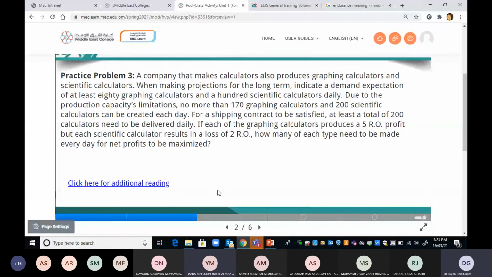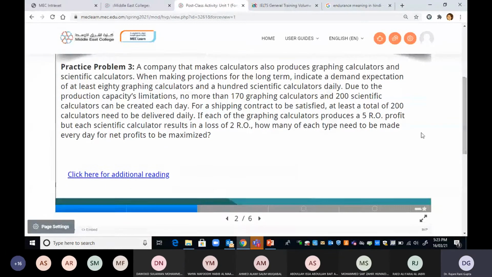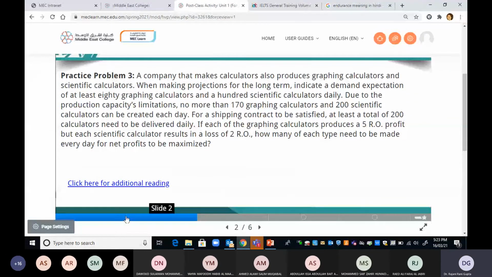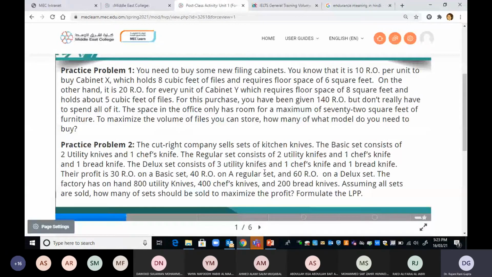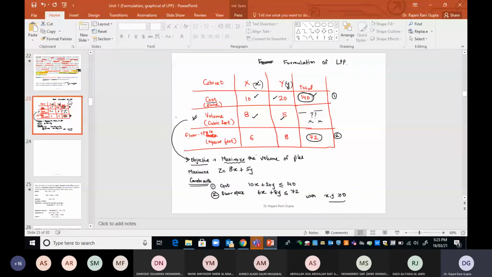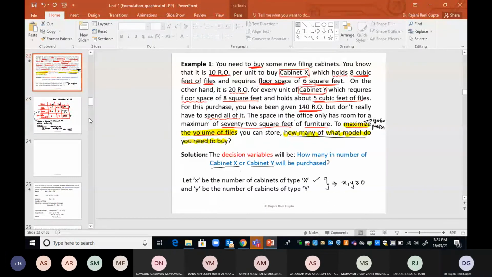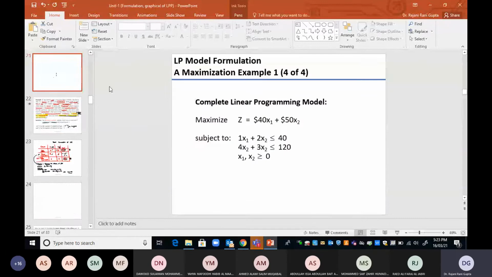And constraint. See, constraints always stand for the restriction. Like in this specific example, let's take the previous one. What is given here?